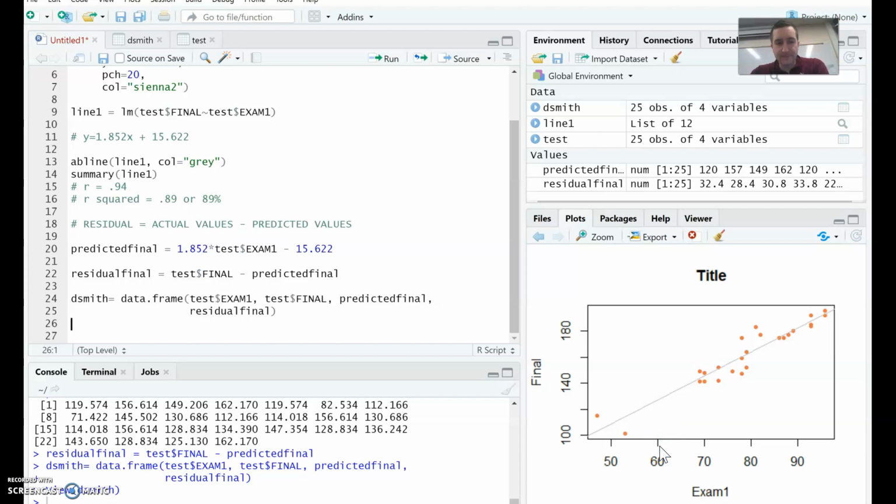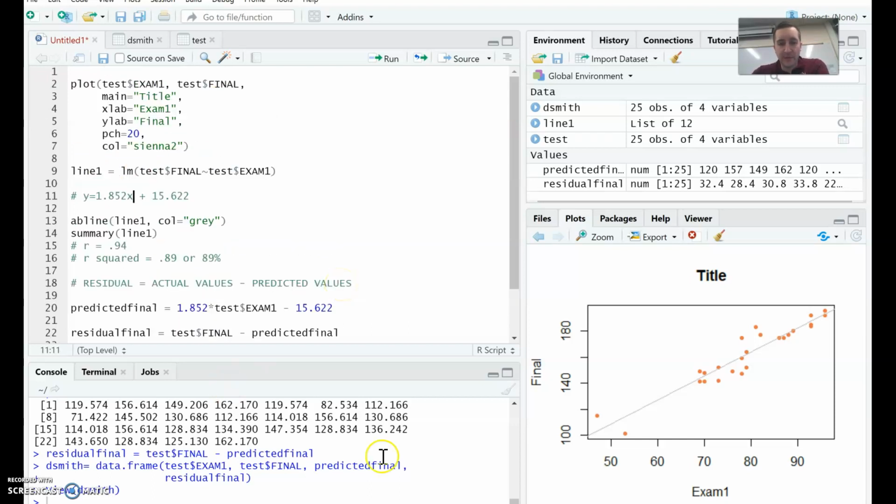How would you find that? What you would do is you would use a calculator. Look where my mouse is right here. You would use a calculator and you would plug in a 60 right there. Because if you do 60 times the slope plus the y-intercept, you will find your predicted exam score. So it works just like y equals mx plus b did back in the day in algebra.